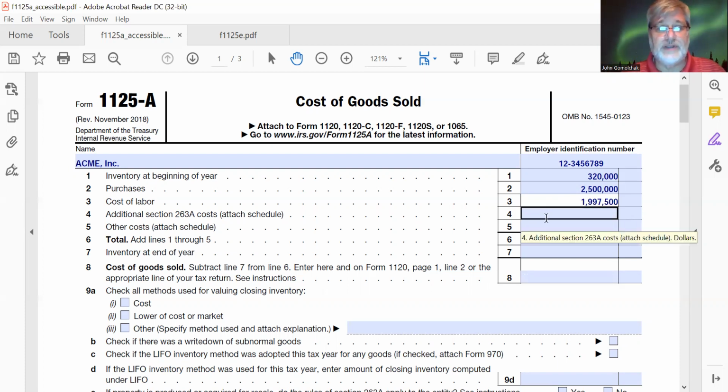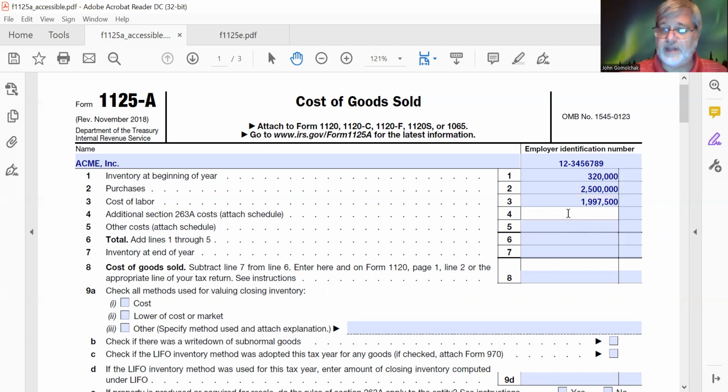Line 4, additional 263A costs, nothing there. Line 5, other costs, nothing there. Line 6, total, add lines 1 through 5. So, oh geez, let me get my calculator going again.